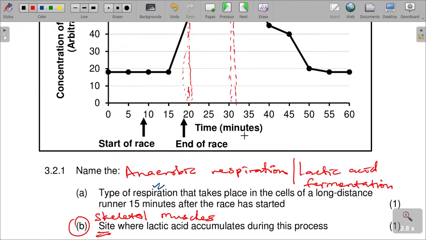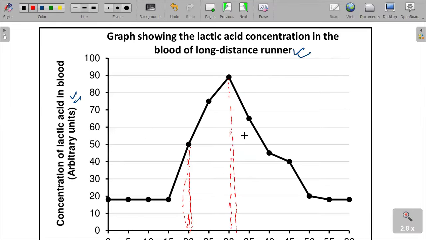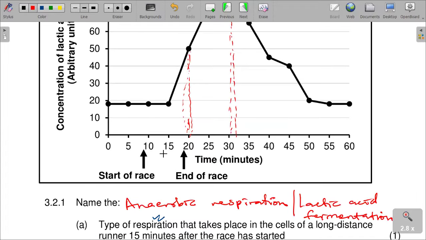13 minutes. What you just need to do is that we are talking about the increase after the end of the race. So the race ended somewhere there. So that is where the race ended.